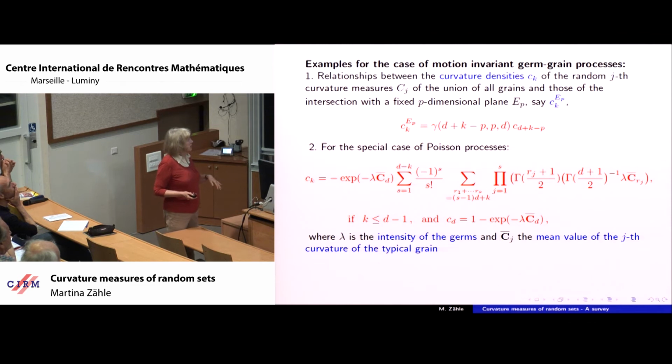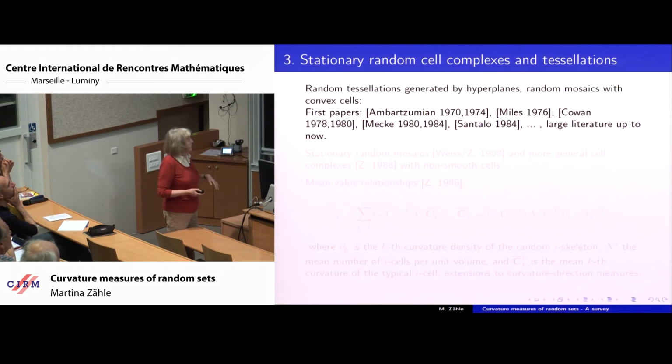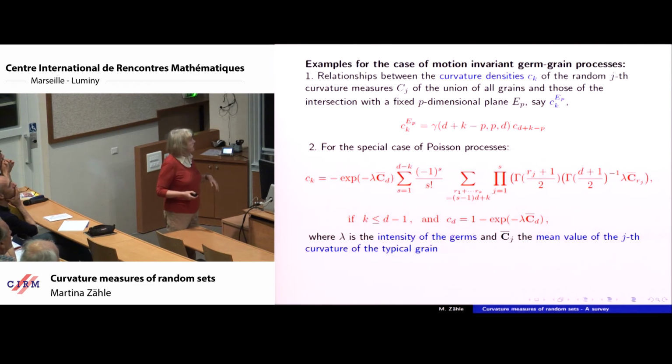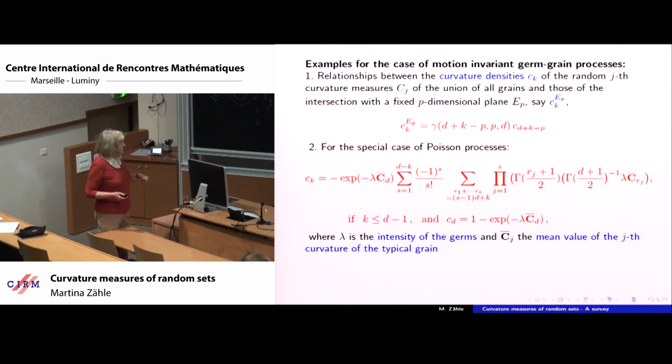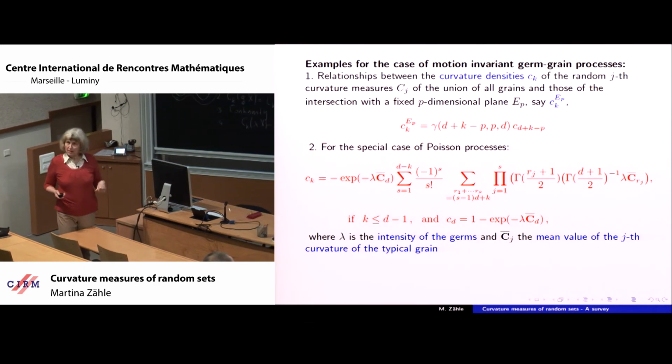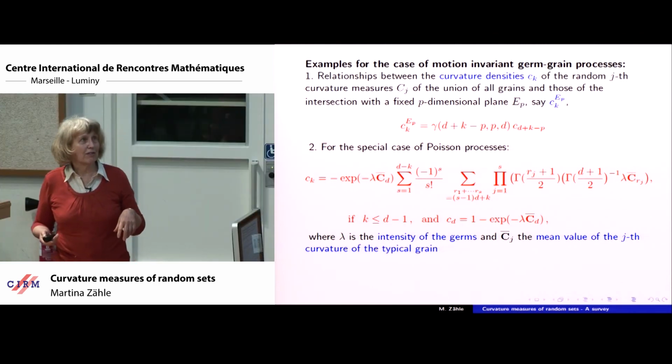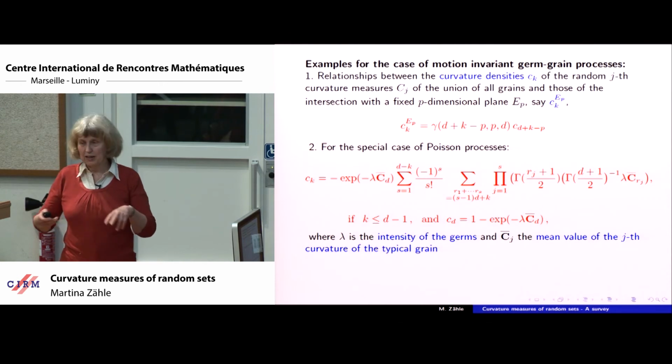And lambda is the intensity of the germs, the mean number of points per unit volume. And the boldface C_j bar are the mean values of the j-th total curvature of the typical grain. We are still at the grain model. We take it in the Palm sense.